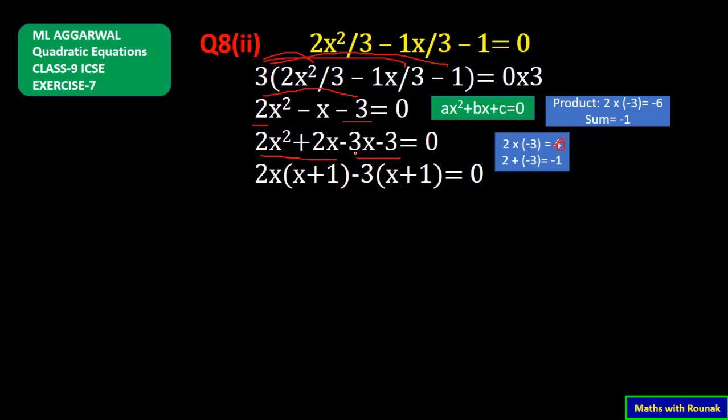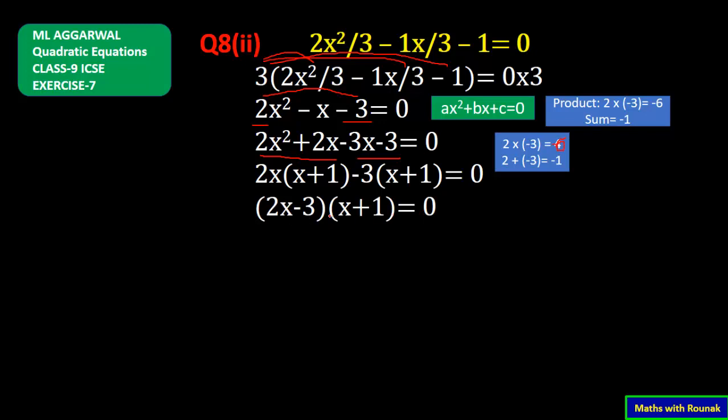If we take minus 3 common from this expression, x is left here in place of minus 3x, and 1 is left here in place of negative 3, as negative 3 into 1 will give us negative 3. Now x + 1 is common in both, so we can take that out, and our equation will be (2x − 3)(x + 1) = 0.